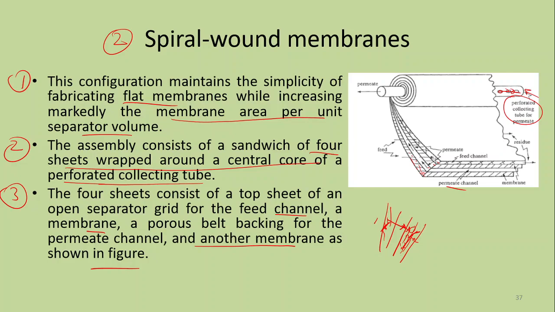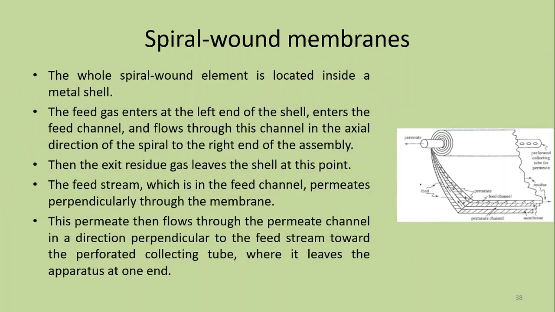In this way the spiral wound element is made, and the whole spiral wound element is located inside a metal tube. After that you have to close it. The feed gas enters the left end of the shell, enters the feed channel and flows through the channel in the axial direction of the spiral to the right end of the assembly.